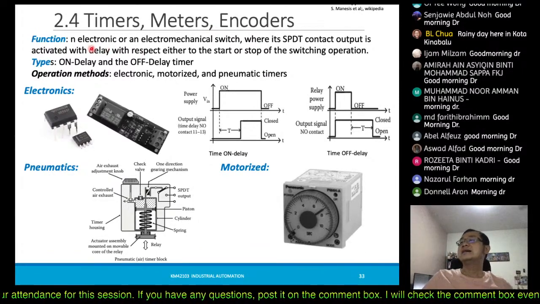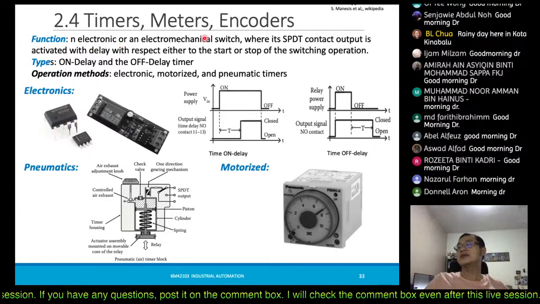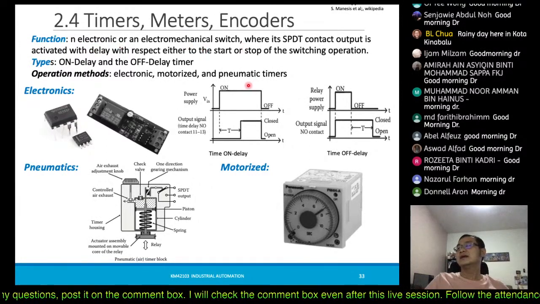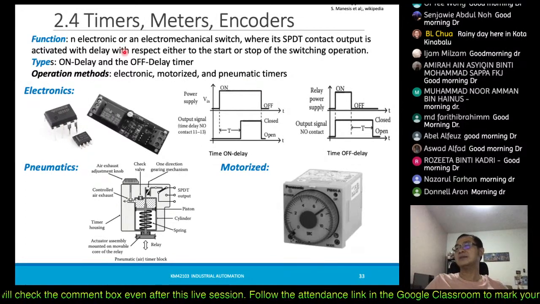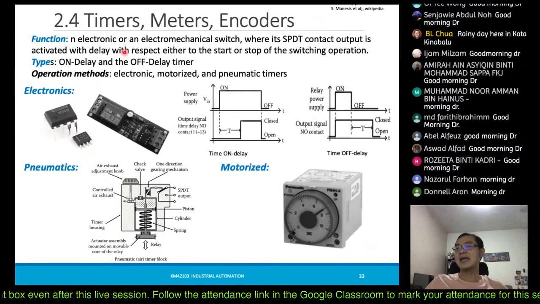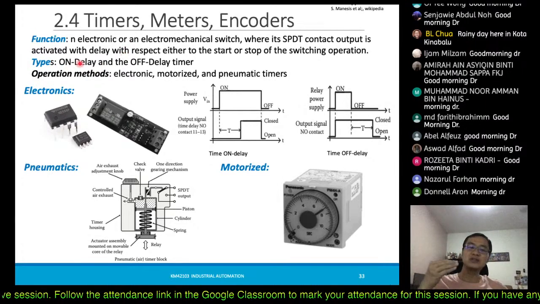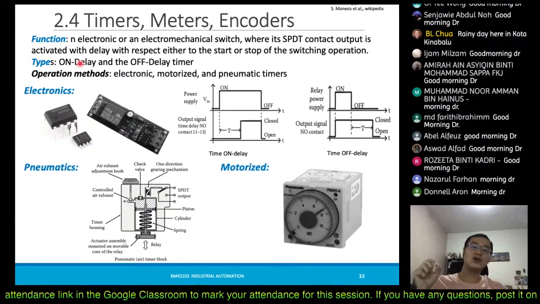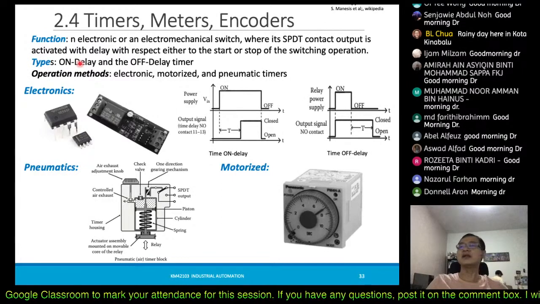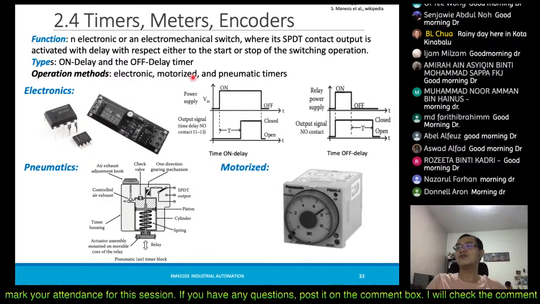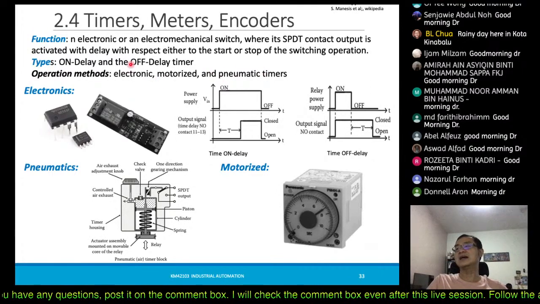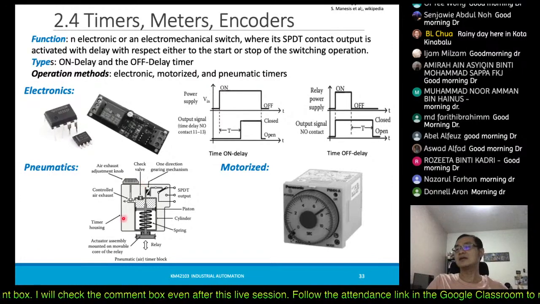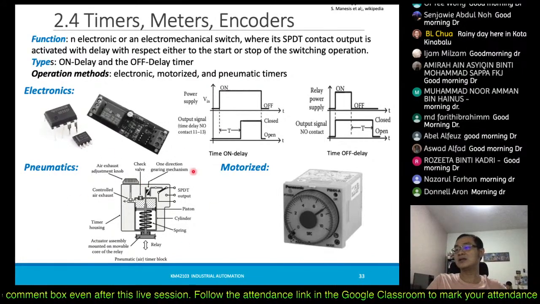So they are electronic or electromechanical switches. For a timer, it may activate in the sense that you want to delay the on or delay the off. So you may have on delay or off delay, and it may operate using different modes or principles: electronic, motorized, and pneumatic, right? So this is the pneumatic one, right?